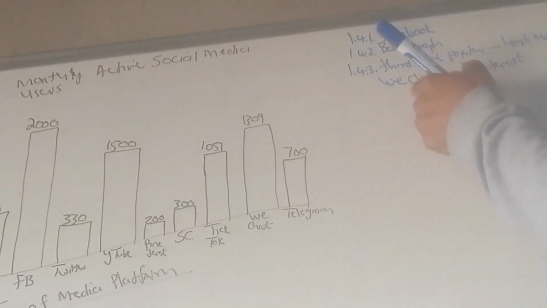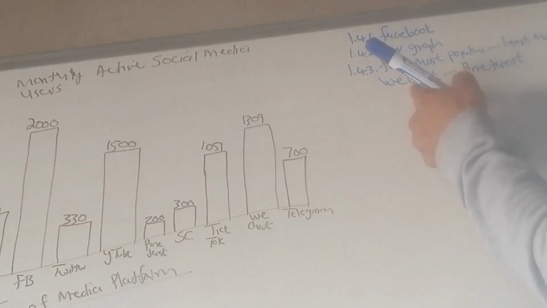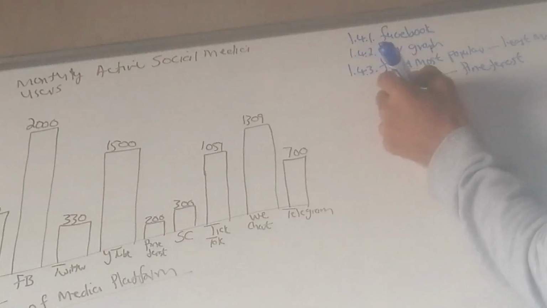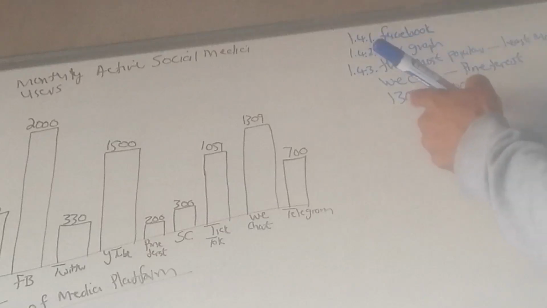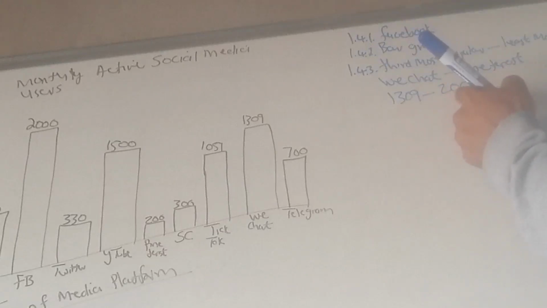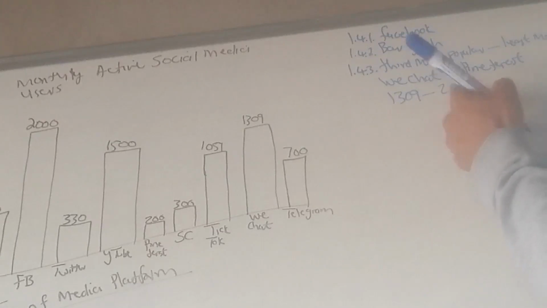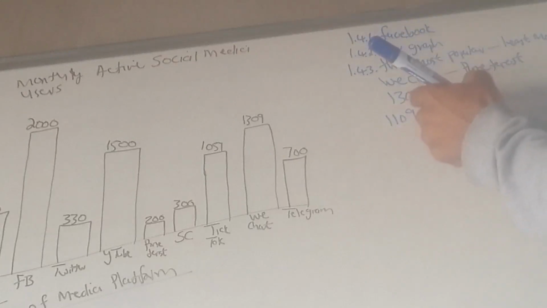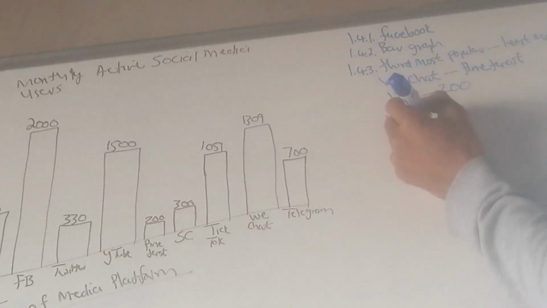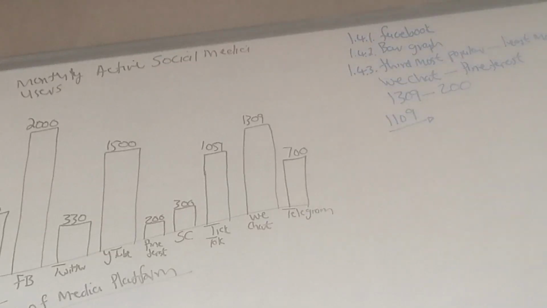WeChat with a value of 1309 minus Pinterest, which is 200. If I take out 200 here, I'll be left with 1109. That should be the difference between those two.